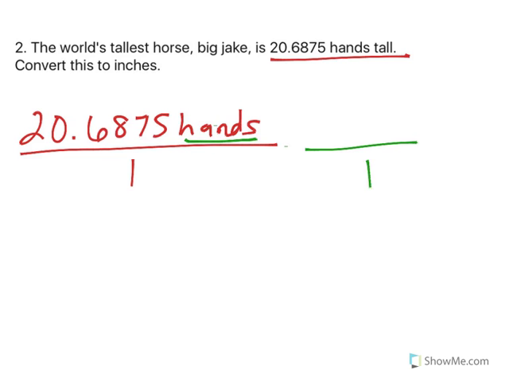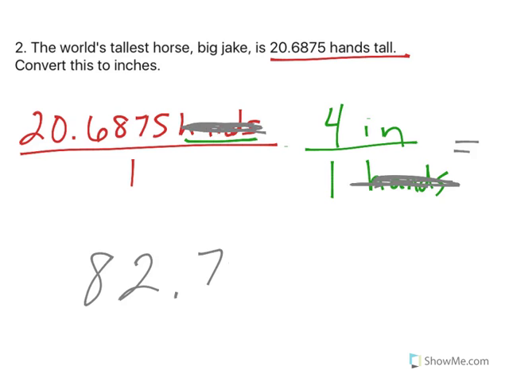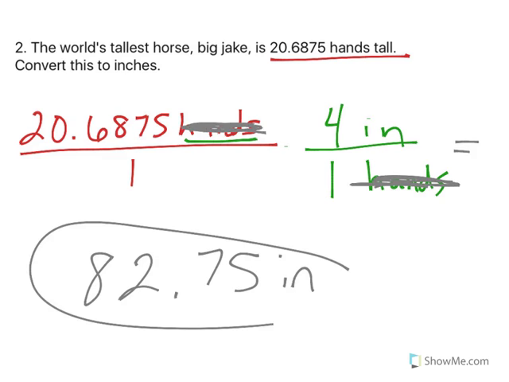We have hands on the top, so my label of hands is going to go in the denominator, and I know that 1 hand is 4 inches. So that makes my label of hands go away, and then I can look at my math. Both numbers are in the numerator, so I multiply 20.6875 times 4, which gives me 82.75, and my label is inches.